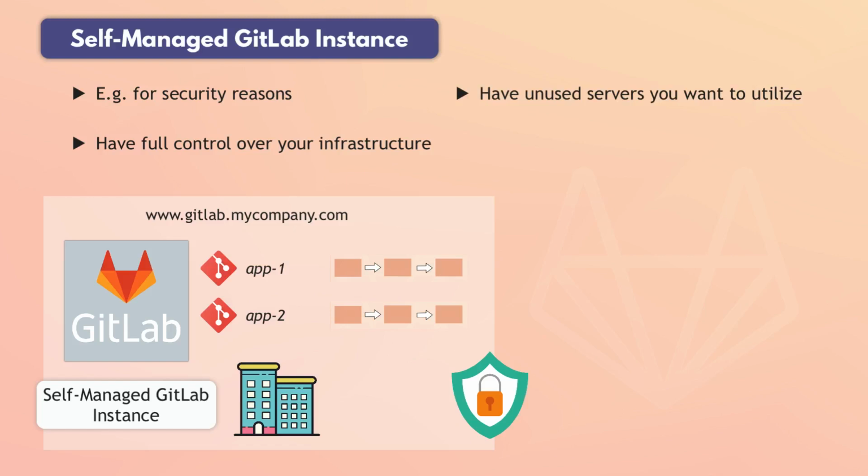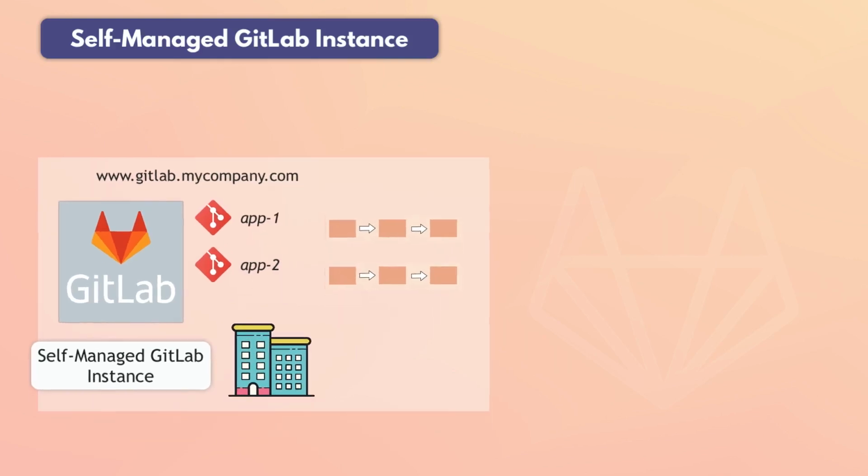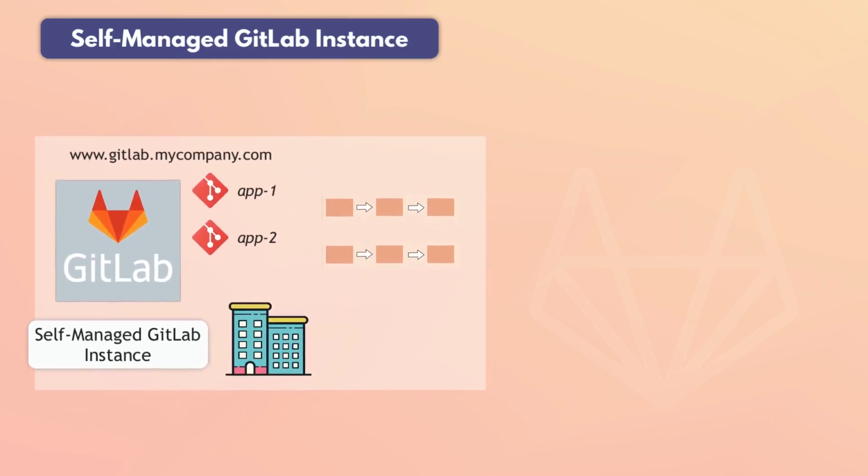Maybe you just want to save infrastructure costs because GitLab managing this for you actually costs you some money. So as you see, there could be many reasons why you would want to have a self-managed GitLab instance in your company. And for those scenarios, many companies actually create their own self-managed GitLab installation for the whole organization.